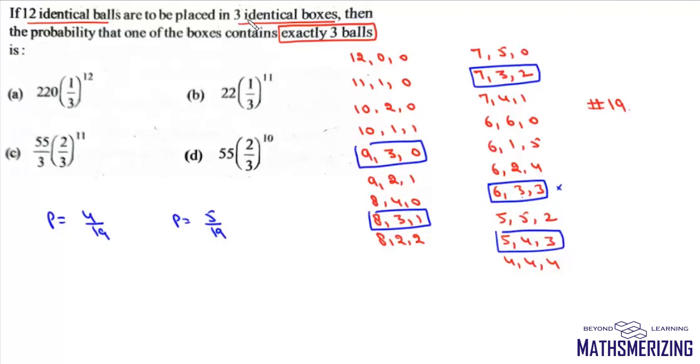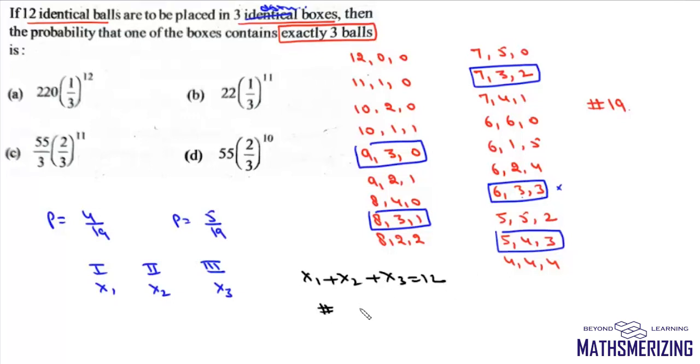This question should not be 12 identical balls in 3 identical boxes. So what else could it be? Now we can take 12 identical balls in 3 distinct boxes. Suppose we have 3 boxes, box 1, box 2 and box 3, with x1, x2 and x3 number of balls in these. Then x1 plus x2 plus x3 must be equal to 12.